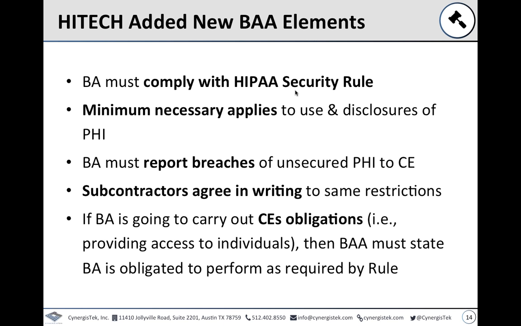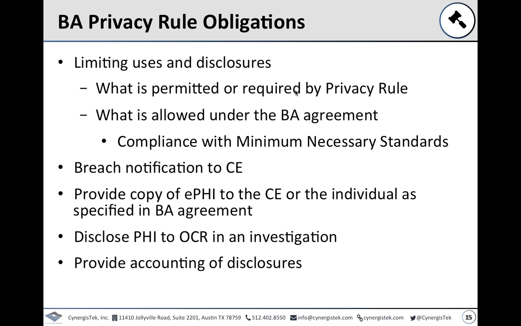One thing to remember, though, is that even if the covered entity delegates one of these responsibilities that it has under the privacy rule, even if the business associate fails to carry out the obligation, for example, they fail to amend a patient's record or they fail to provide access to the individual that's been requested, it's the covered entity that bears ultimate responsibility for failing to live up to those requirements in the rule.